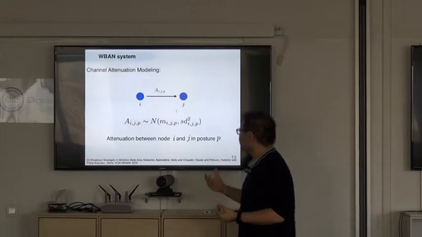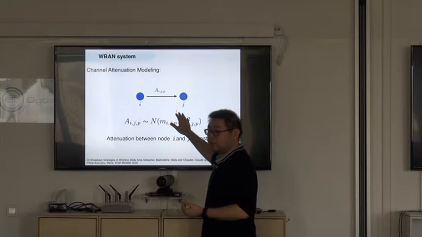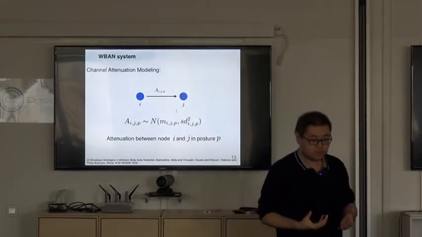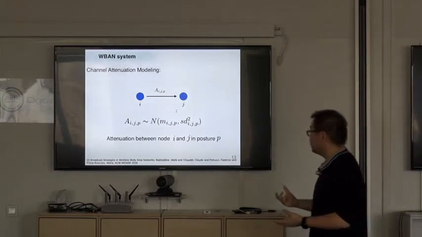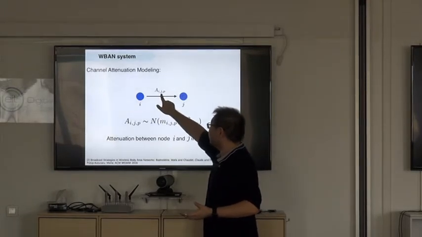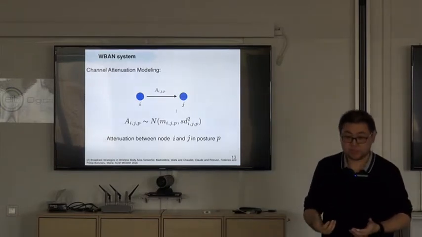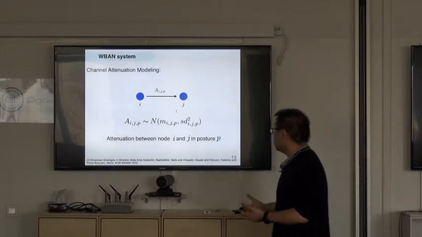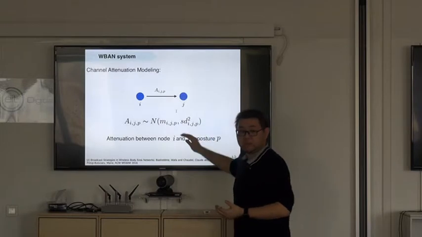In this model, one node I will send a message to J. We assume there is a random attenuation value A_IJP, the random attenuation between I and J in posture P. We let this random attenuation follow the normal distribution with the average value and the standard deviation given by the dataset.